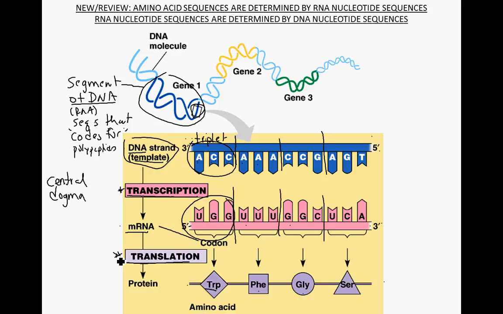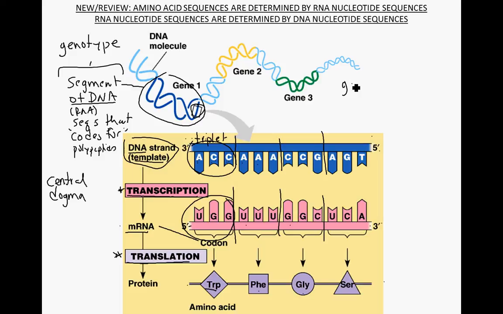So if we go back here, if we look again at this gene concept, this segment of the DNA sequences that codes for a polypeptide, this sequence right here can also be referred to as the genotype. Which types of genes do you have? Meaning, which sequences do you have? Right?